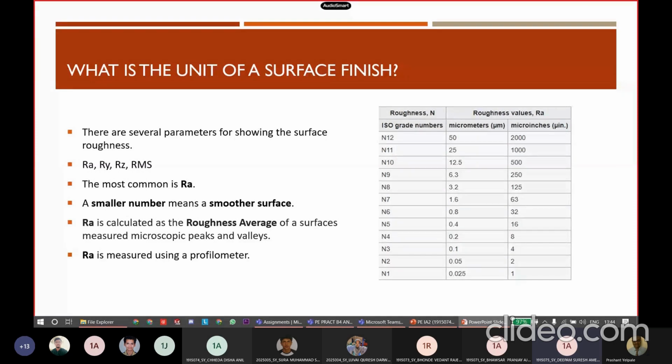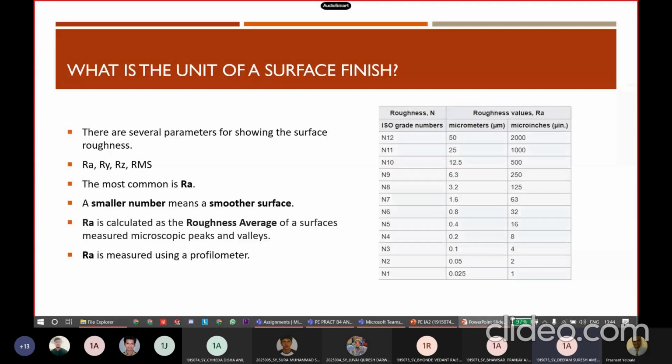The smaller the value of RA is, the smoother the surface will be, and the standardizing bodies have come up with a grading number against each of the RA values, as you can see in the picture given.